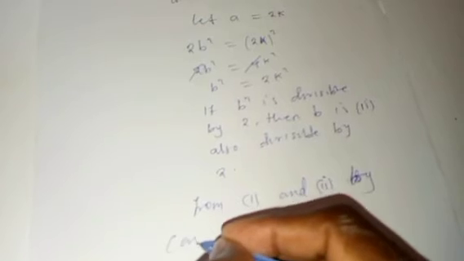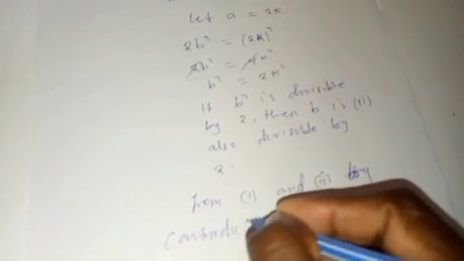By contradiction, it shows that both a and b are having a factor of 2.